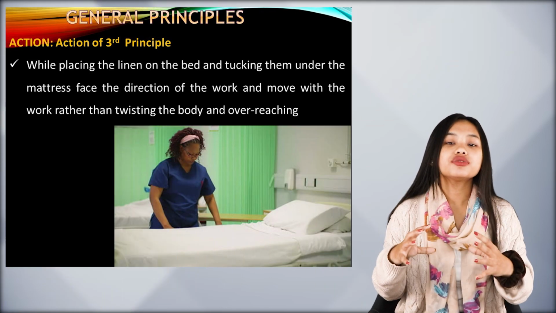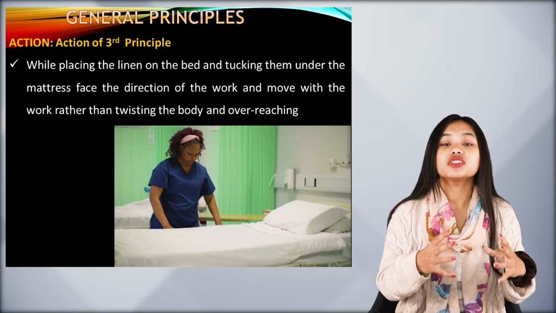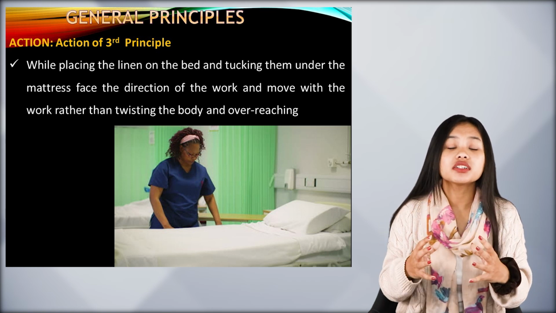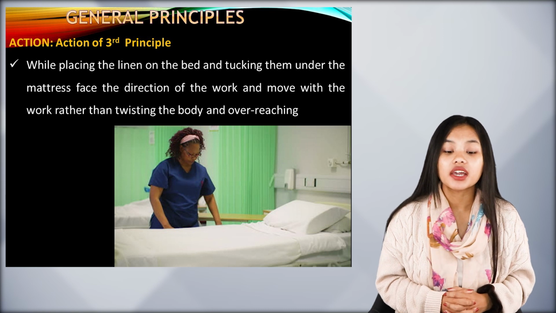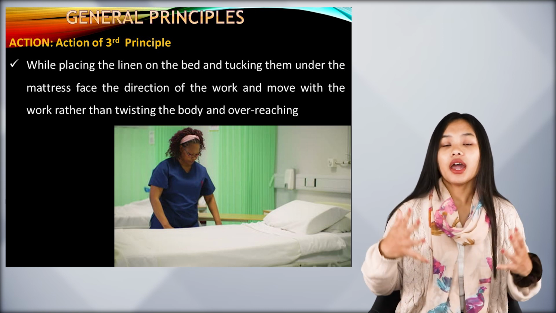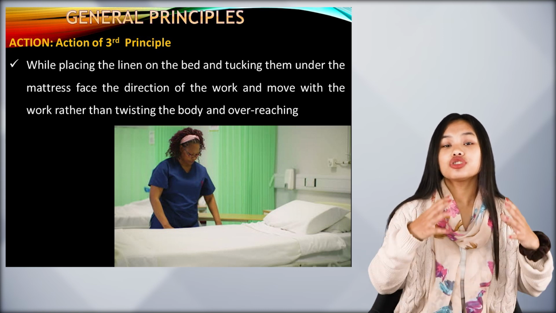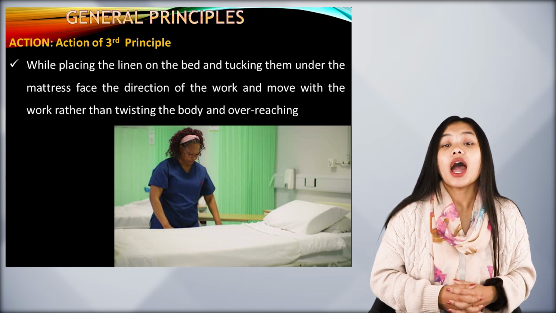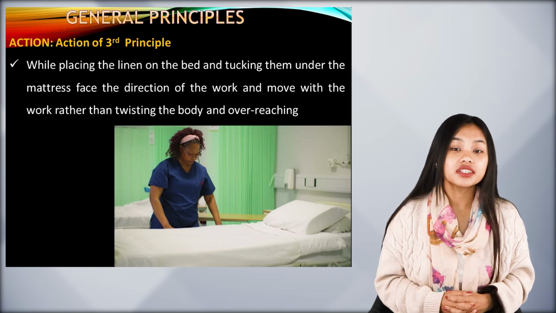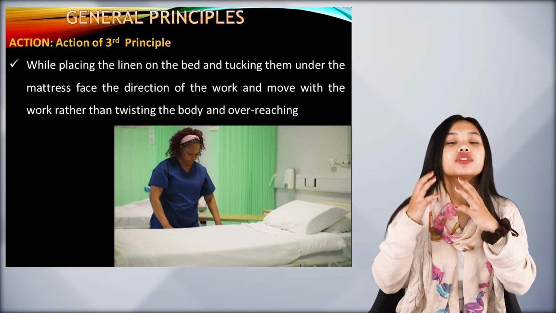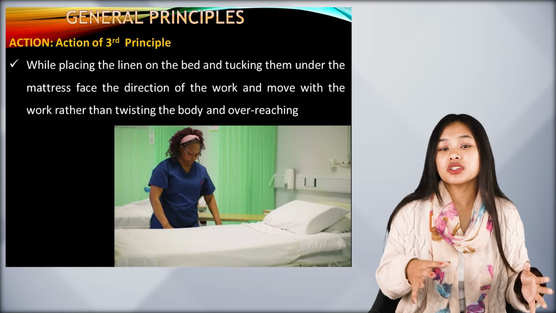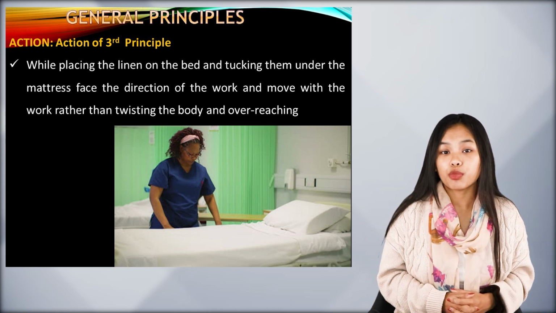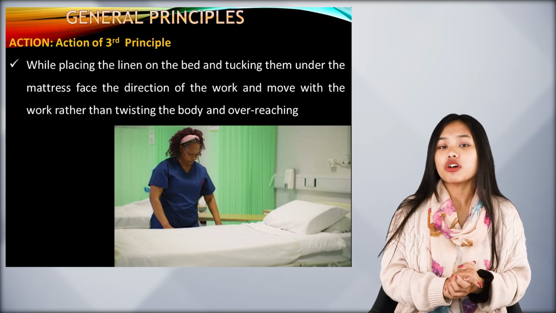And to reduce any strain on the back, we must shift the position. We must work with the long and strong muscles of the thigh and keep the back in good alignment. Whenever you are performing bed making, do it from one side first and then move on to the other. You should face the direction of work and move with the work rather than twisting the body or overreaching the area which cannot be reached properly. So these are the actions of the third principle.